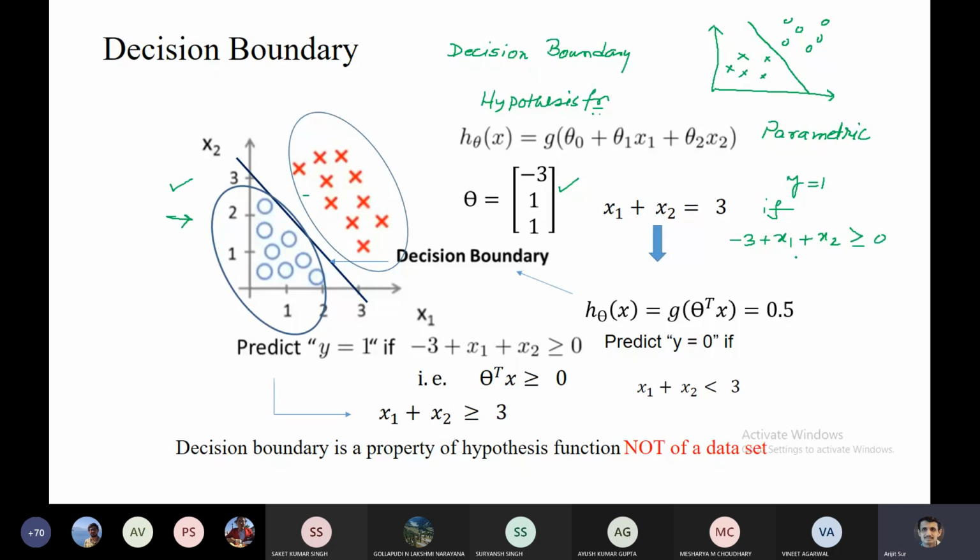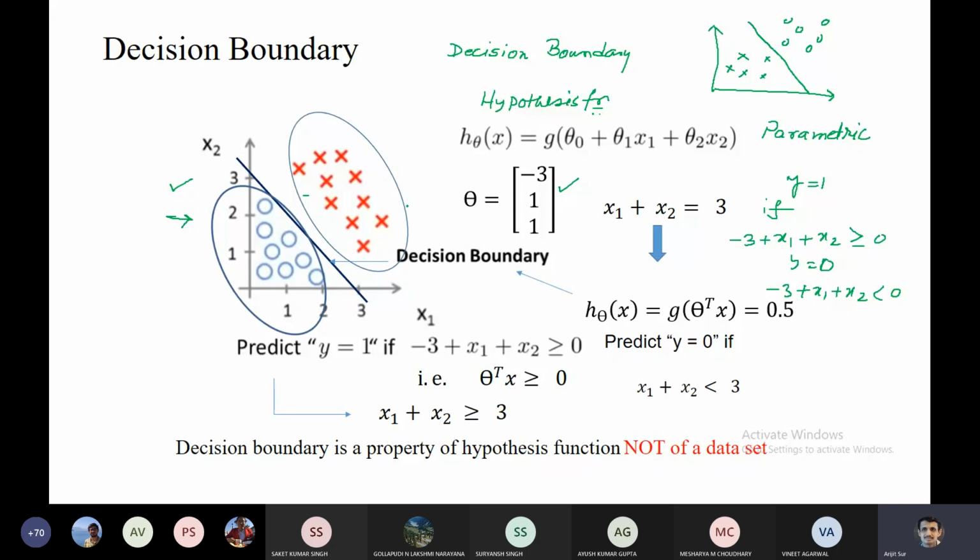And y is equal to 0 or minus 1 if minus 3 plus x1 plus x2 is less than 0. So this is the way this problem is basically defined.